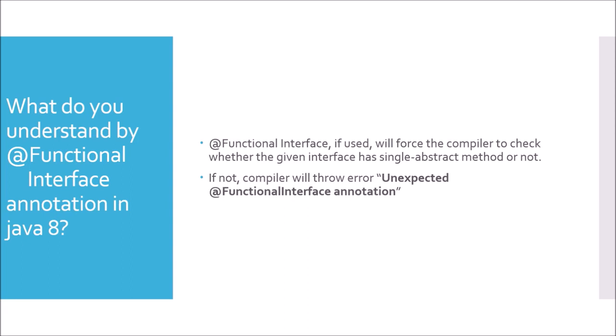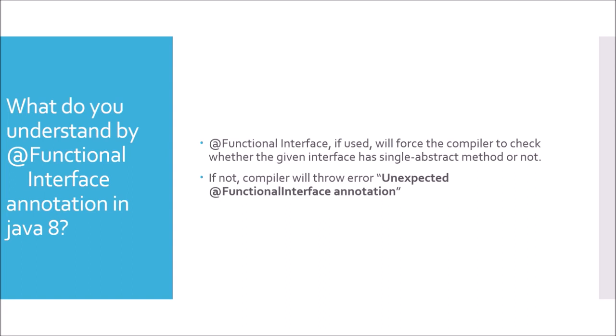But remember, in many of the interviews I take, I found that many candidates say that functional interface was introduced in Java 8 only. This is not true. In Java 8, one annotation, @FunctionalInterface, was introduced, and other functional interfaces like Predicate and Consumer were introduced. The functional interface concept was present before Java 8 itself.